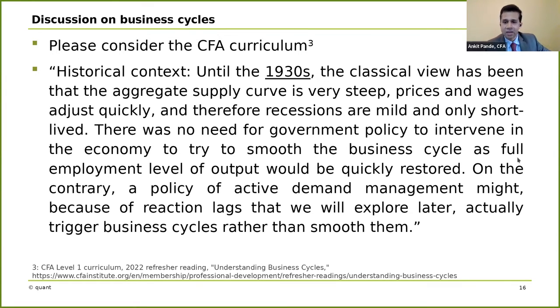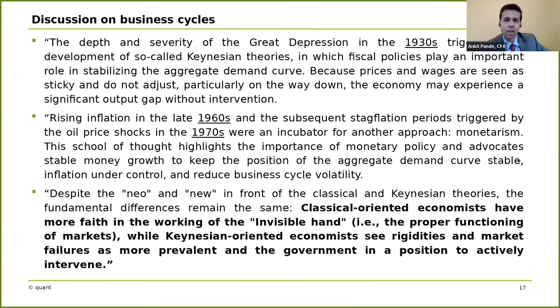And a policy of active demand management can only harm, can only trigger business cycles, they say. This is the classical view. And the curriculum goes on to say that the depth and the severity of the Great Depression in the 30s led to the development of the so-called Keynesian theories, in which fiscal policies play an important role in stabilizing the aggregate demand curve.